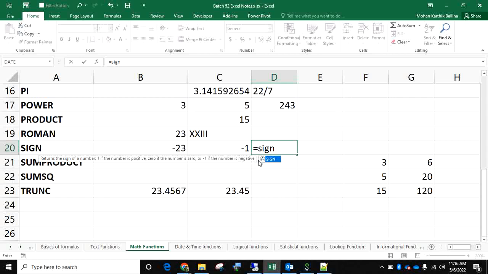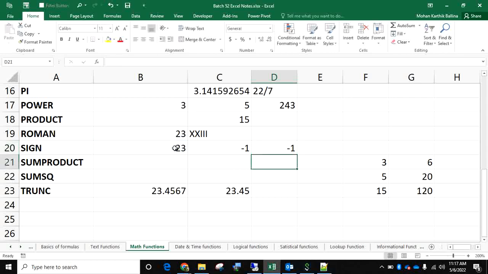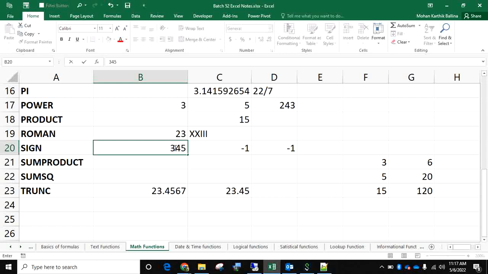So if you give a positive number, you will get the answer 1, which means it is positive. If you give a negative number, then your answer is -1. It's just giving the sign of your number. 0 means 0.